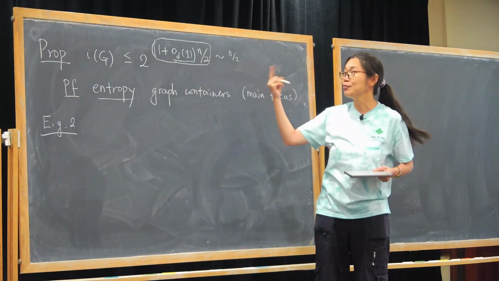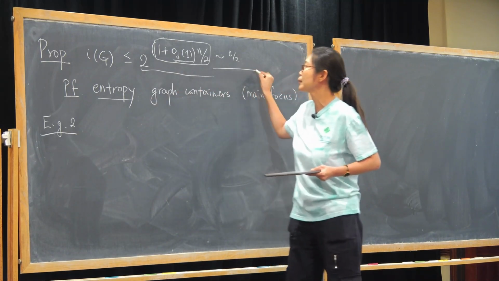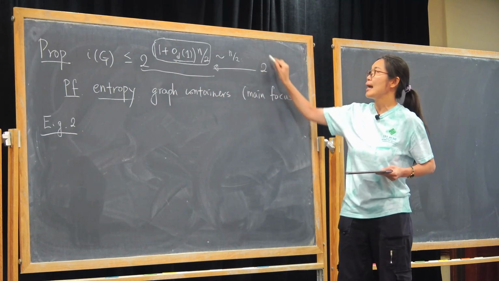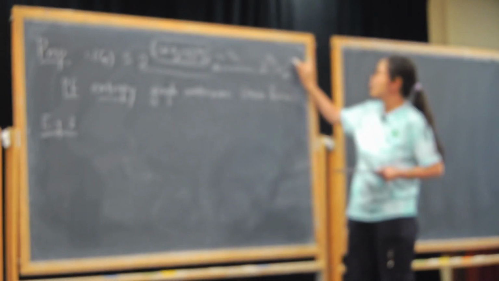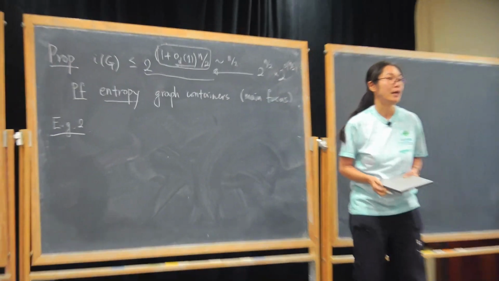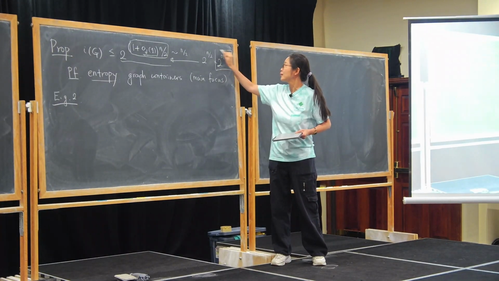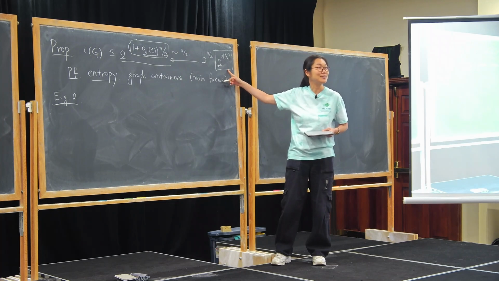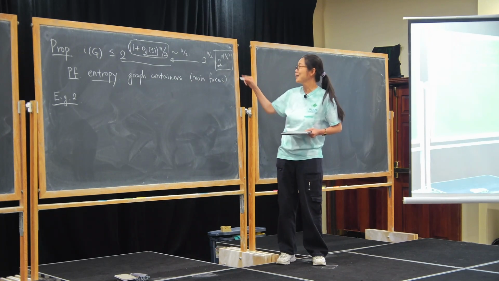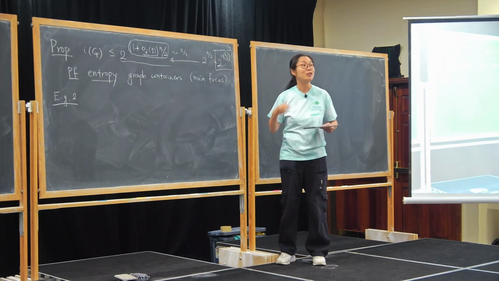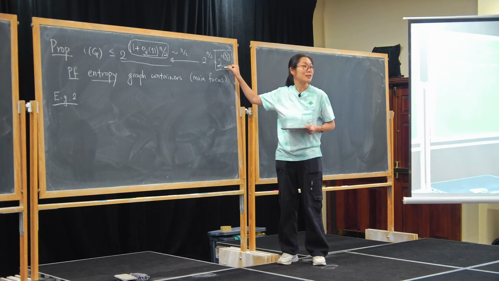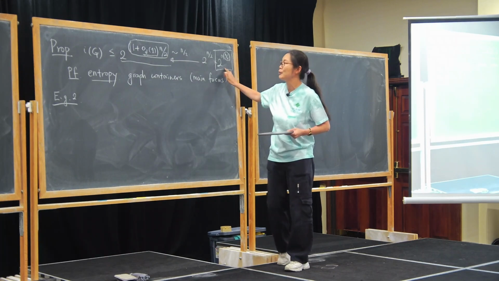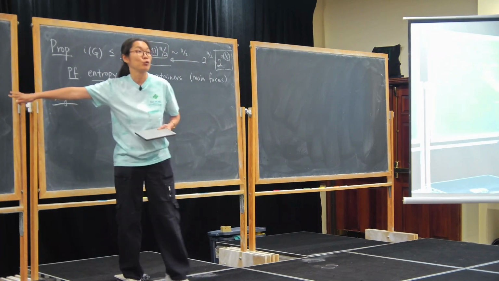On the other hand, if you look at this expression more carefully, this is actually 2 to the n over 2 times a multiplicative error term, which is 2 to the little o of n over 2. And if you look at this term, this is not small, right? For example, it's possible that this is very, very big, like n over D, and in that case, this error term is enormous. So in that sense, this upper bound is not really close to this naive lower bound.